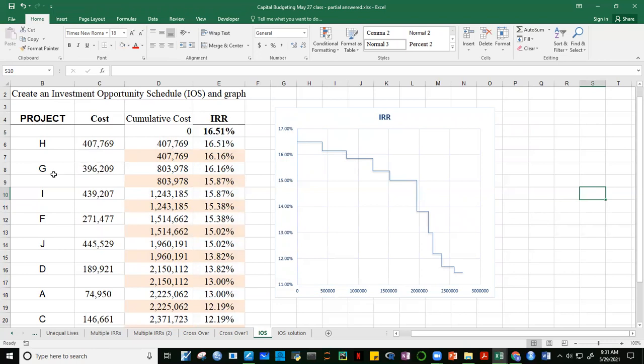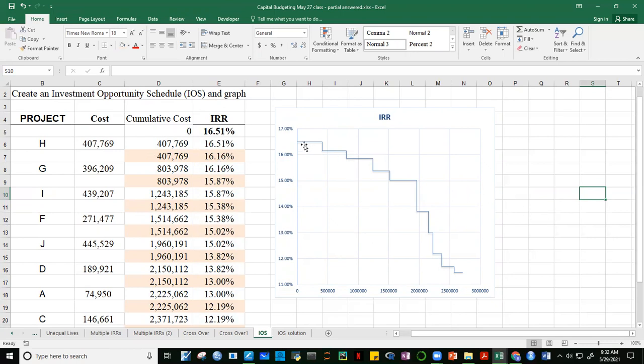Because if you're going to do project G also, we will need 803,978. If we have 1 million, then we can include project H and G. We cannot include I because you will need up to 1.243 million in order to also include I. Our preference is of course project H first, and then G, and then I, etc.